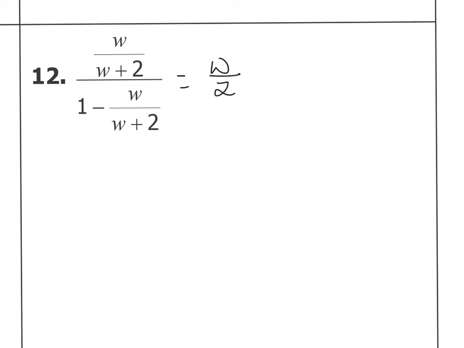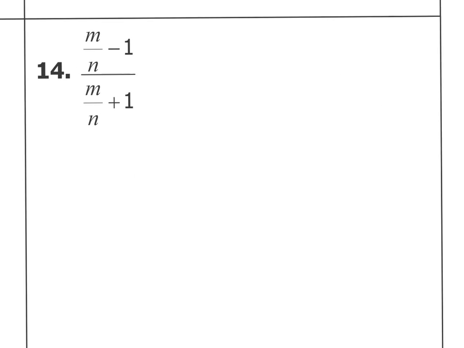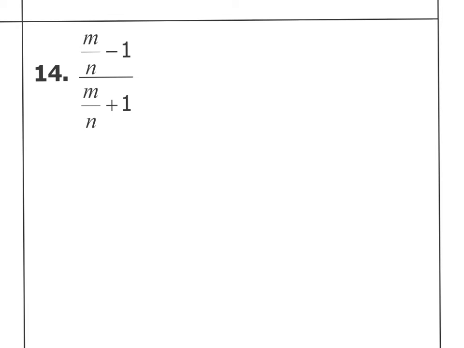Let me look at the work here, yeah. Your restriction definitely should be w cannot equal negative 2. Okay, all right, so we are going to go ahead and skip to 14 and 16 and we'll be done. I will give you the answers to 13 and 15 as well.